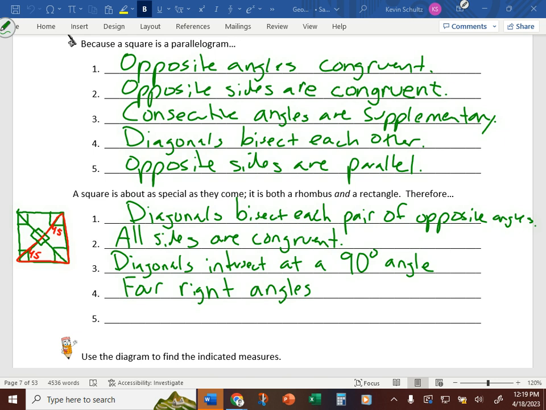So those ratios from PO41, where we're talking about those n root 2 relationships, they come up huge with squares. Because they're not only right triangles, but they're specifically 45, 45, 90 right triangles. And what is the last piece of it? Diagonals are congruent.